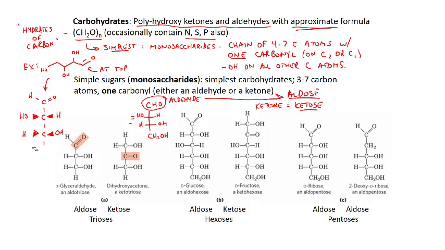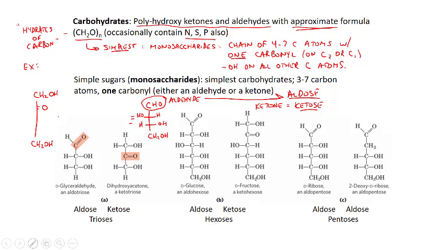So what does the Fischer projection structure for a ketone sugar or ketose look like? It would look something like this. Remember, a ketone has the carbonyl group with carbons on both sides of it. So this would be what the Fischer projection of a ketose would look like. Something like that.